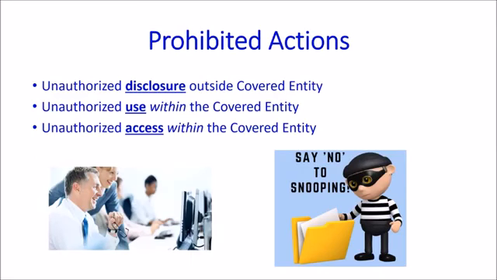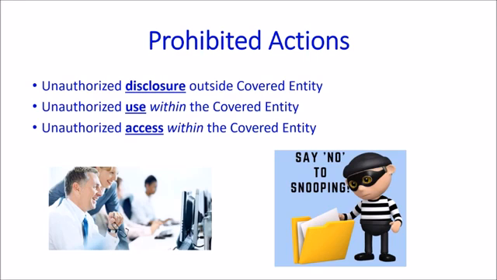What types of activities can result in a HIPAA breach? Typically, actions that fall into one of the three listed categories. Unauthorized disclosure outside the covered entity. This means sharing the patient's PHI with an outside person or entity who is not entitled to hear or have the patient's PHI, or sending the electronic PHI to a business associate with whom we have no written business associate agreement.